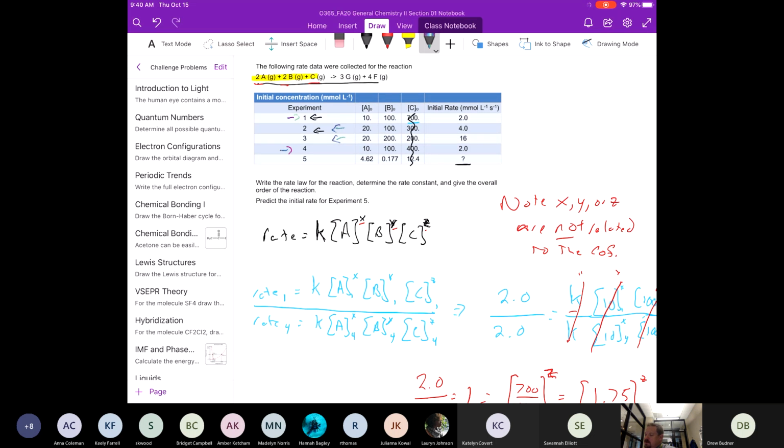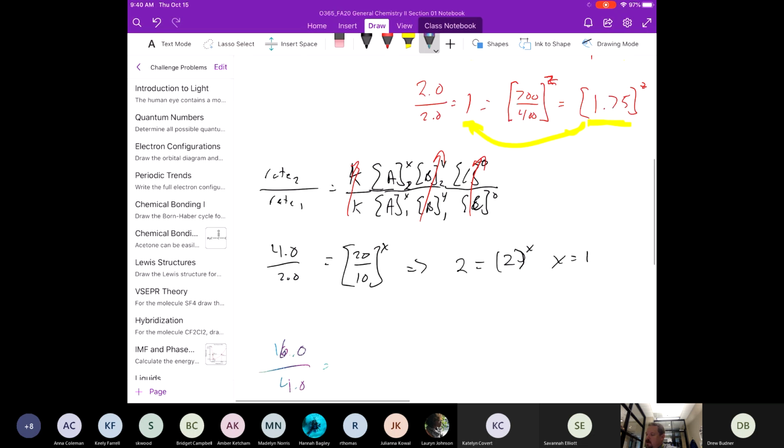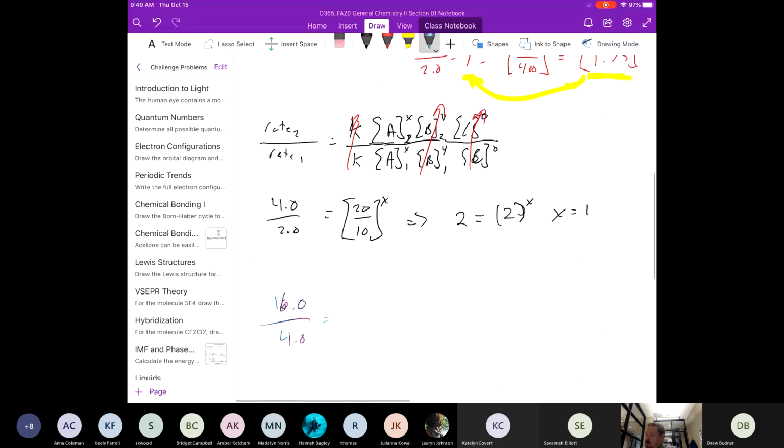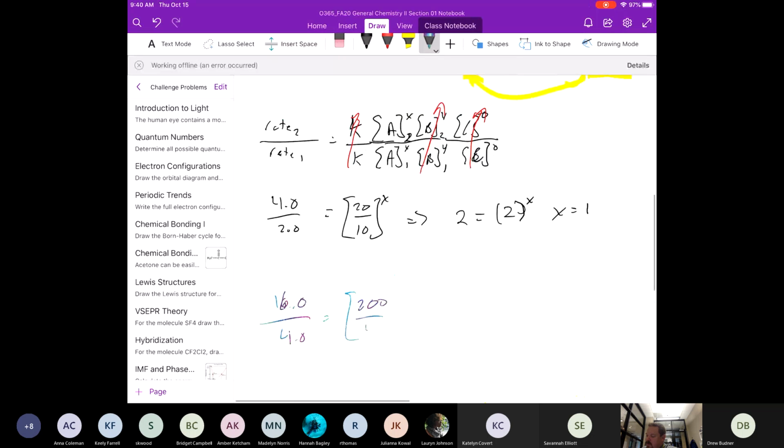So we're going to take 16.0 divided by 4 is equal to 200 divided by 100 raised to the y. All right. So we get 4 is equal to 2 raised to the y. What do we have to raise 2 to get 4? The answer is 2.